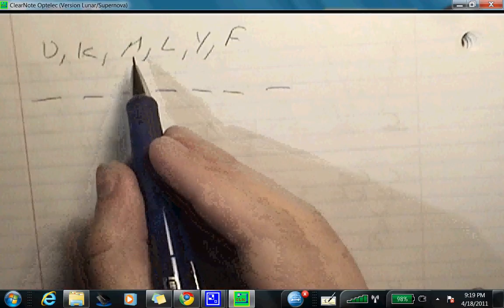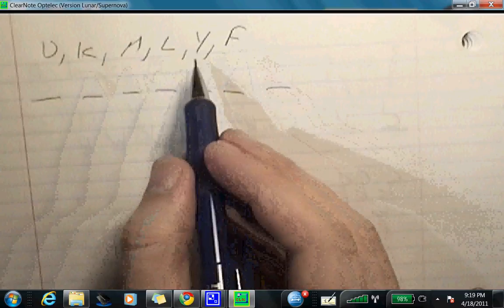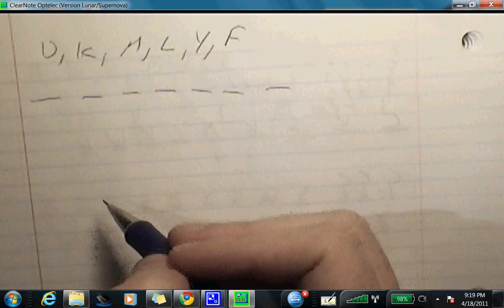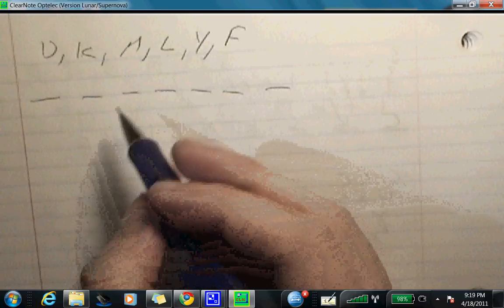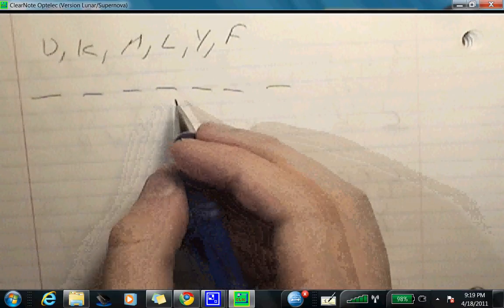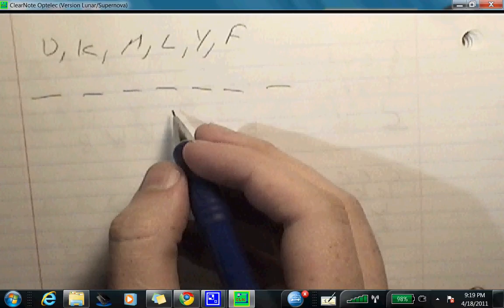What we can assume, though, is that there's only 6 distinct amino acids, so one of these could be duplicated. Which one, we don't know. So part A says that treatment with trypsin gave no apparent effect.